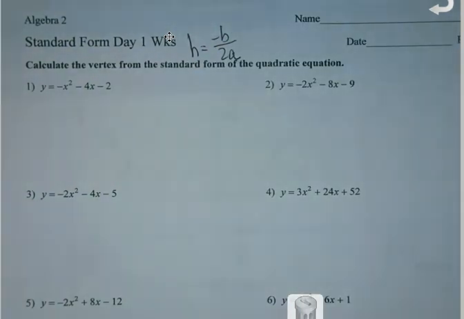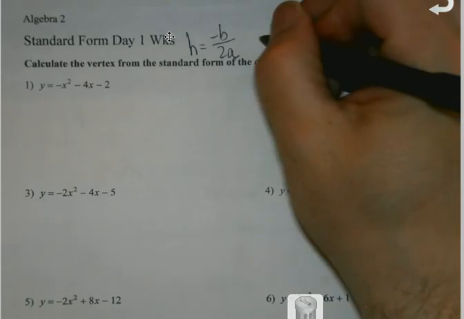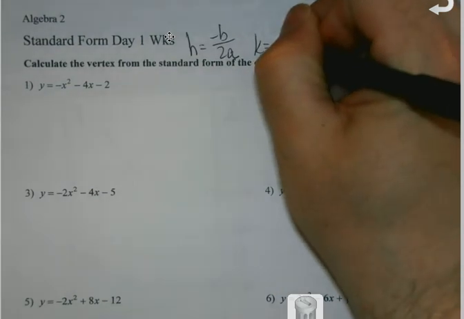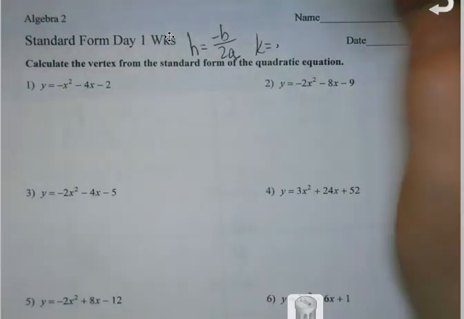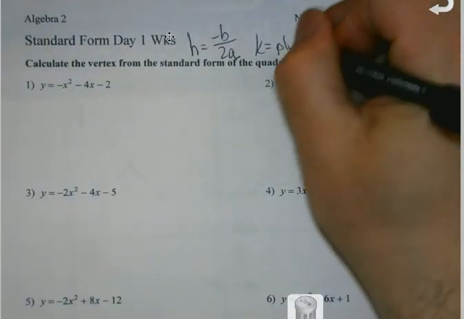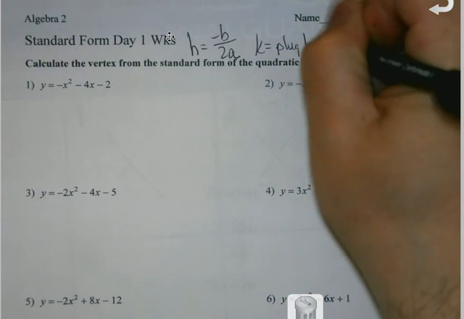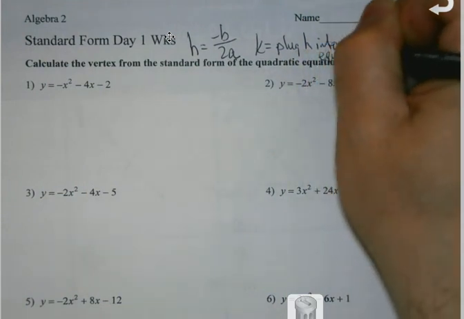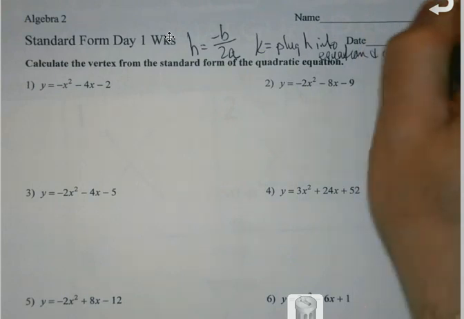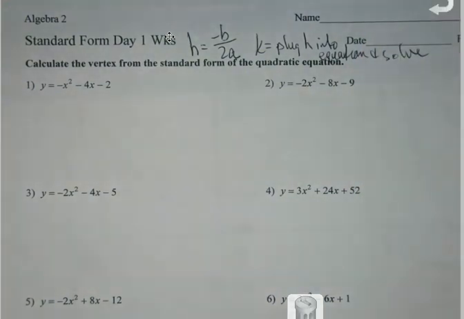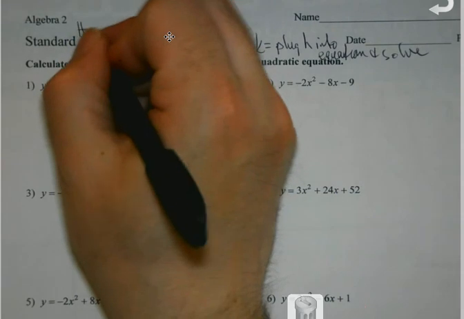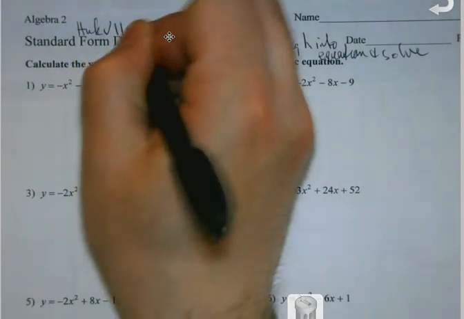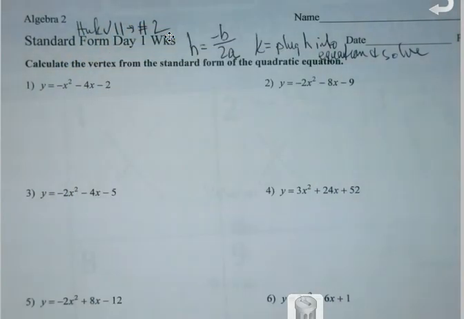Get that h value, and then your k is just going to be plug it in. Plug h into equation and solve. And this guy is homework check 11, number 2.